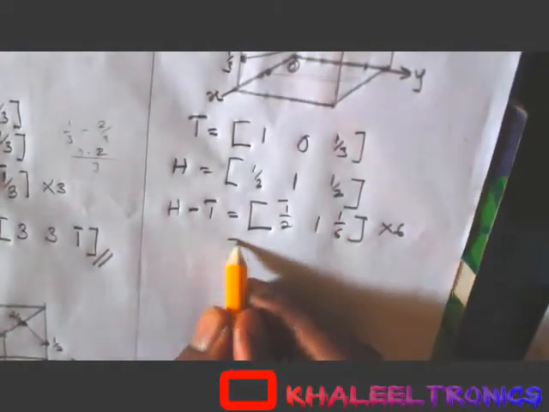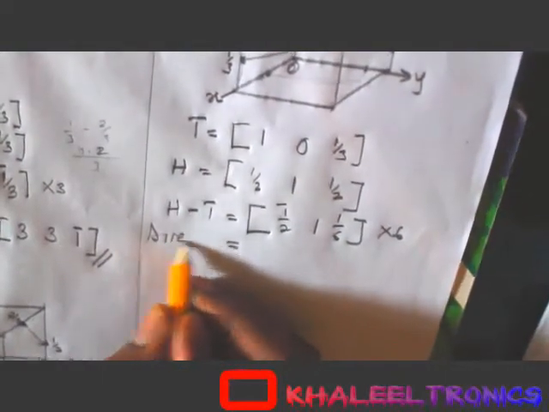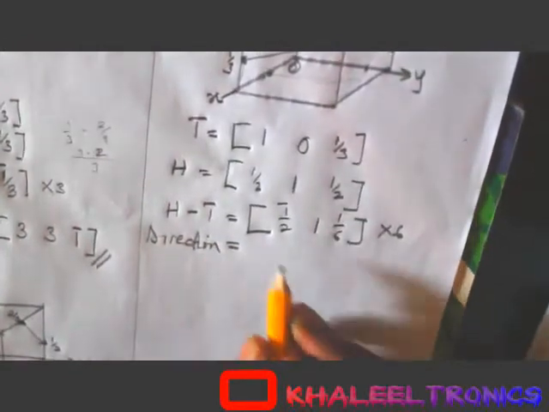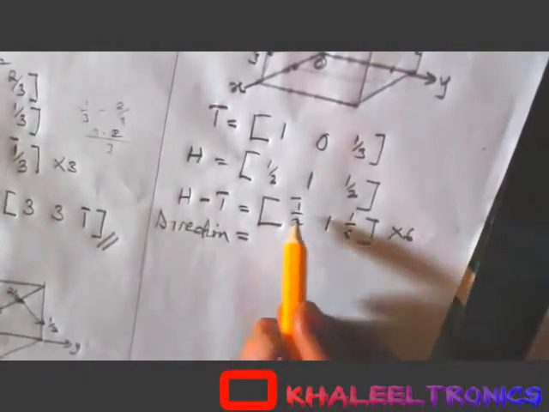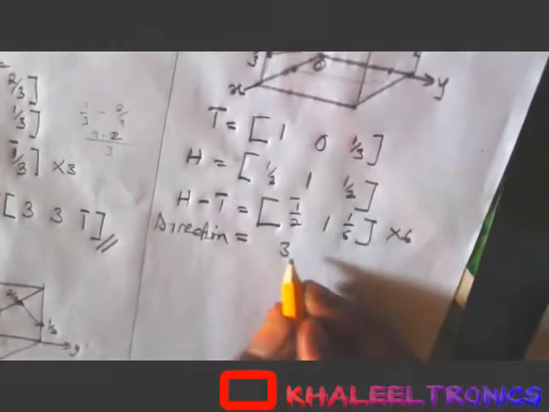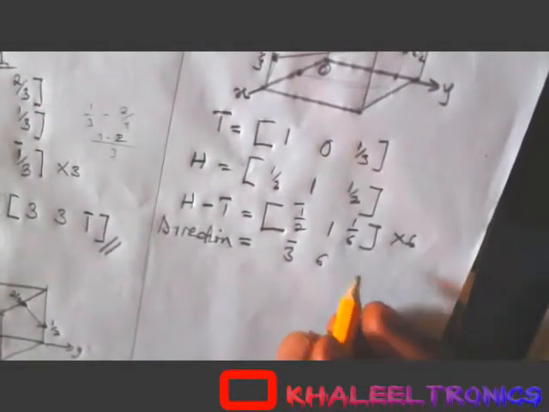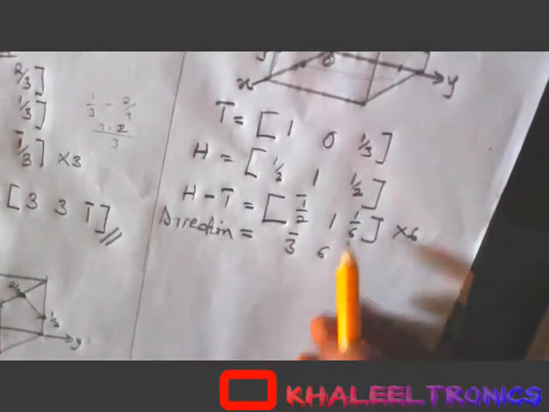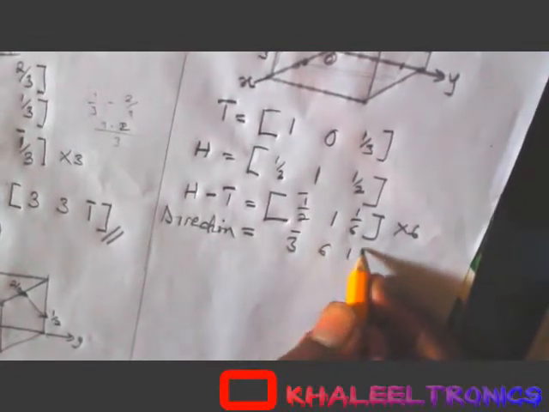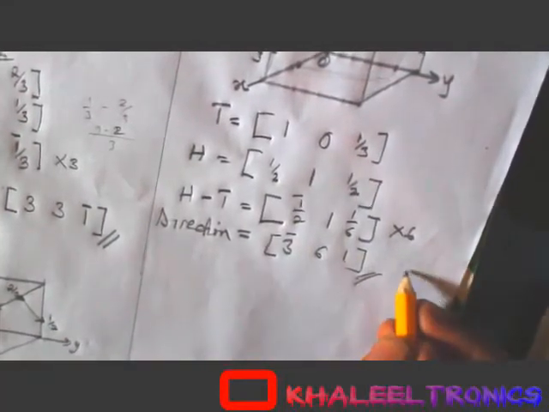Okay, so our direction will be: half times 6 is 3, 1 times 6 is 6, and 1/6 times 6 is 1. So that is the direction for C.